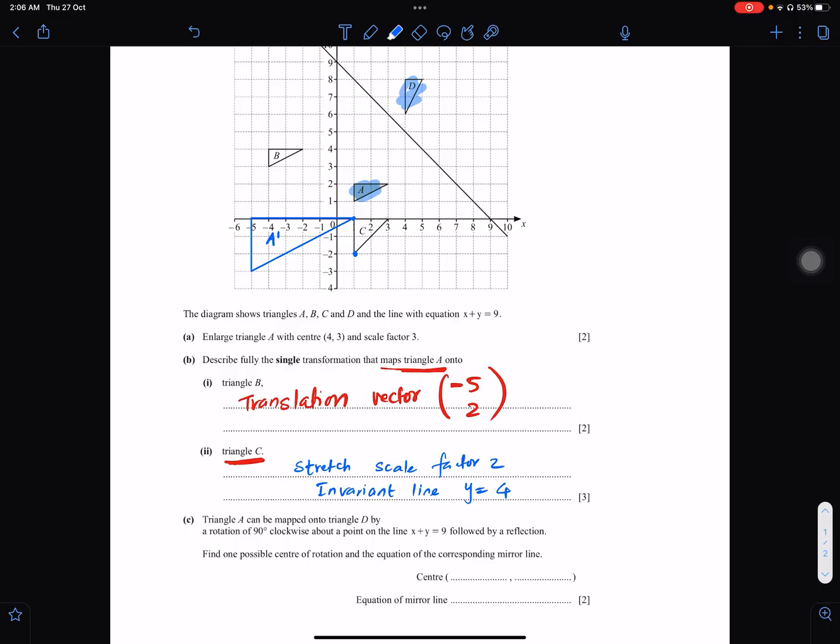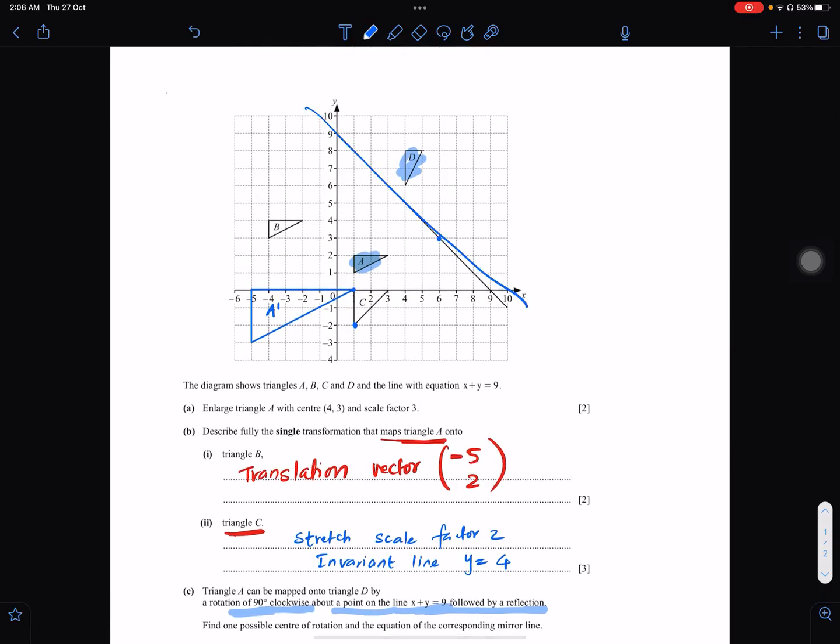The triangle A can be mapped to triangle D by a rotation of 90 degrees clockwise, that's correct, about a point on the line x plus y equal to 9, followed by a reflection. Alright, so there are two transformations here. You have to pick any point on the line x plus y equal to 9.